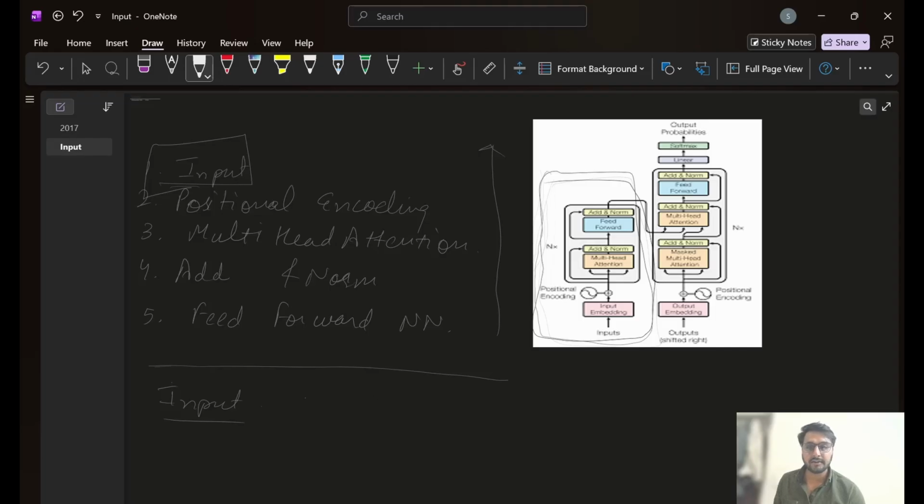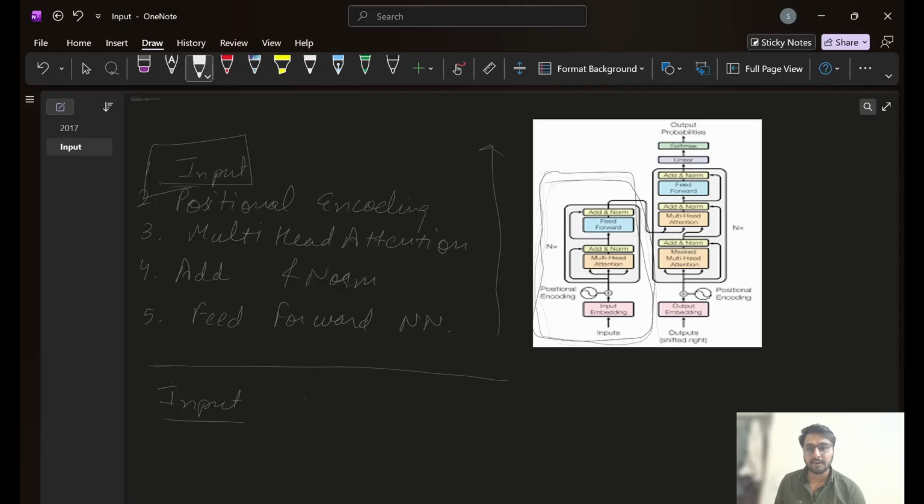Machines cannot understand words, so we need some kind of terminology that can convert words into vectors, because vectors can be easily understood by machines.